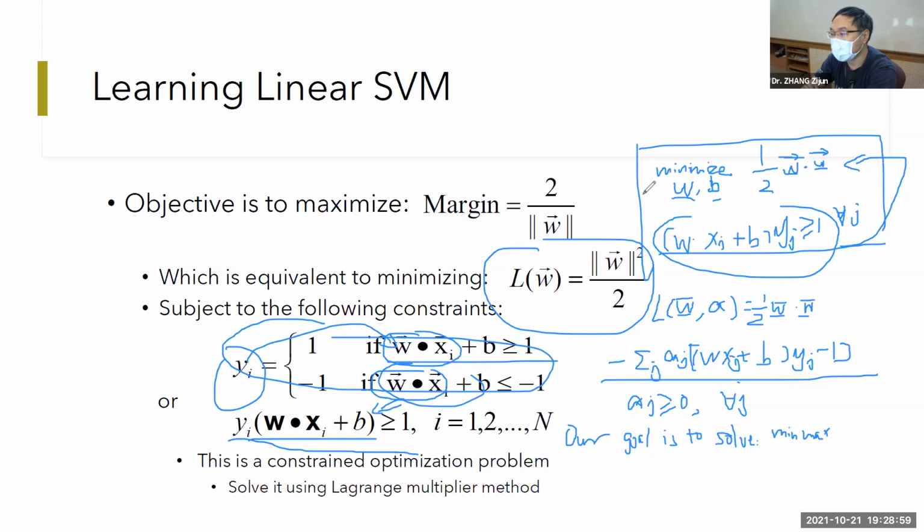Minimization is the same as the previous one. We want to minimize the objective with consideration of W and b, but we want to do a maximization with consideration of all the alpha. Then the loss is written as this.